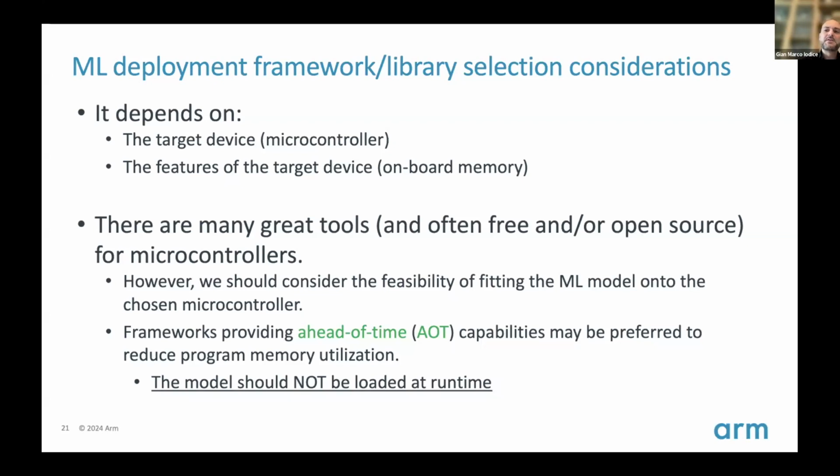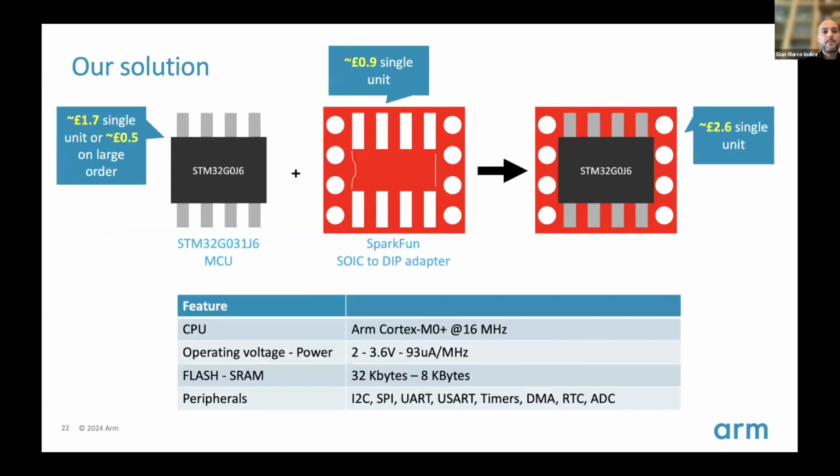Ahead-of-time capabilities means that you have your machine learning model, but you generate your code for running it ahead of time, before deploying the model on the actual device. When you look at this, you don't have many frameworks, but deep learning compiler frameworks are actually quite good to solve this task. But that was our solution.